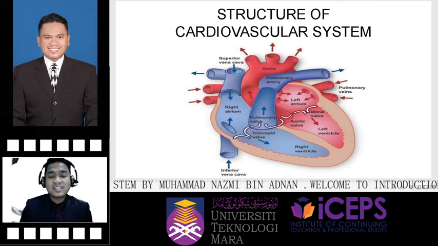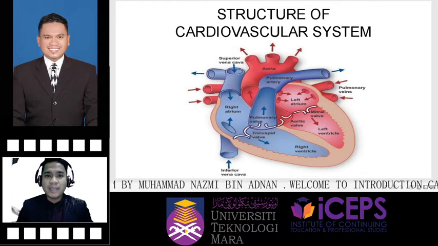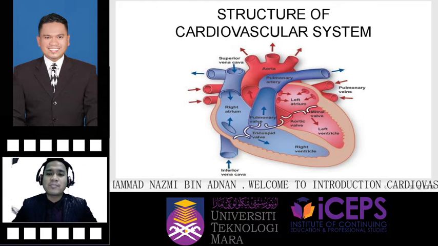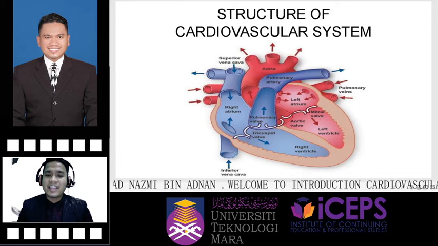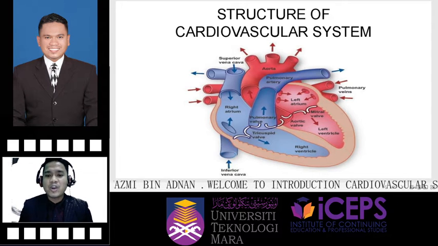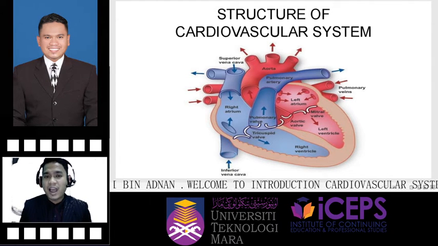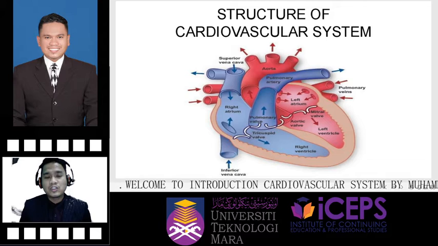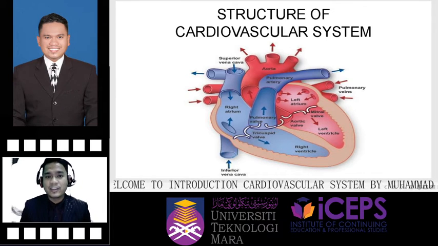And then the pulmonary circulation process will happen at the lungs, and the oxygenated blood will go back to the heart by the pulmonary veins and gather at the left atrium and go down to the left ventricle, and the heart will pump the blood out through the aortic valve to the body via the aorta.